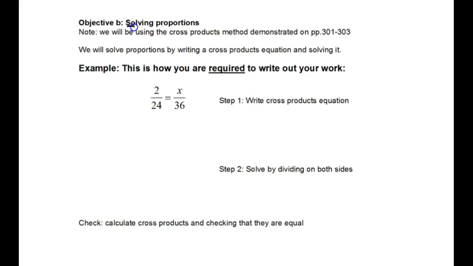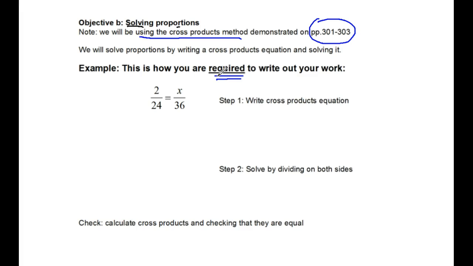It's solving proportions. And we're going to be solving proportions using the cross product method that's there in your textbook. And this is how you're going to be required to write your work out on a test. So it would be a really good idea to practice this so that you're used to writing your work out in this way.